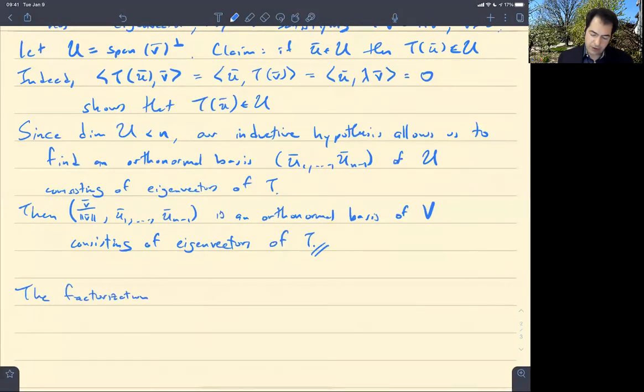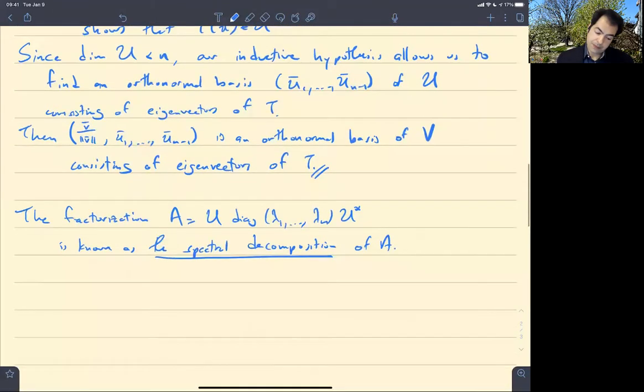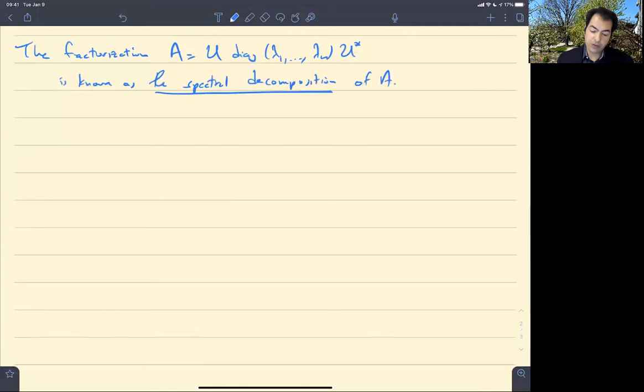Now, the factorization, when you write A as U times this diagonal matrix times U star, is known as the spectral decomposition of capital A. Let's talk about a few simple consequences.